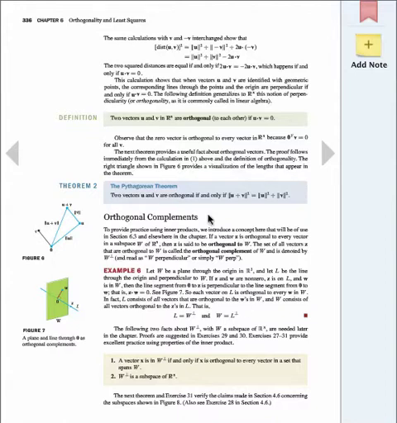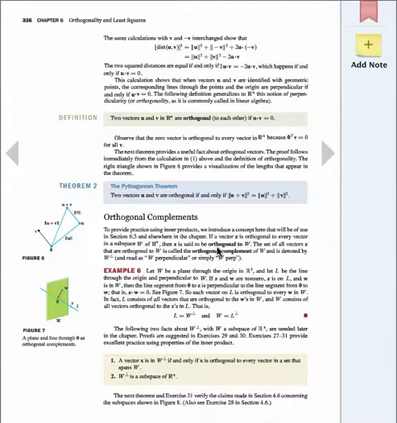Then we get into the idea of an orthogonal complement. You want to think of this as if I have a subspace, W of Rn, then if a vector is orthogonal, at a right angle, to everything in that subspace, we say it's in the orthogonal complement of W, which is denoted W perp, with a little perpendicular sign in the superscript.